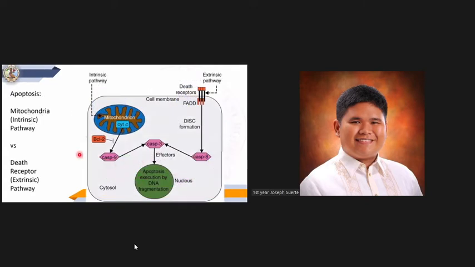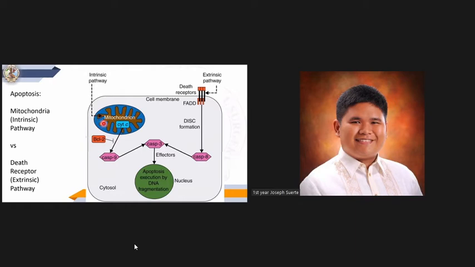So we have two pathways for apoptosis. We have an intrinsic or mitochondrial pathway and an extrinsic or a death receptor pathway. For an intrinsic pathway, whenever there's cellular damage, it could be from an external source like UV radiation, causing damage to our cells, or from our reactive oxygen species.